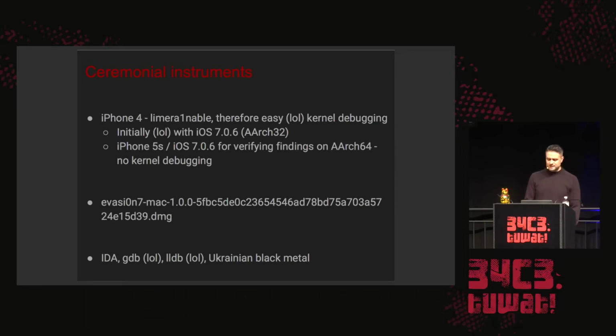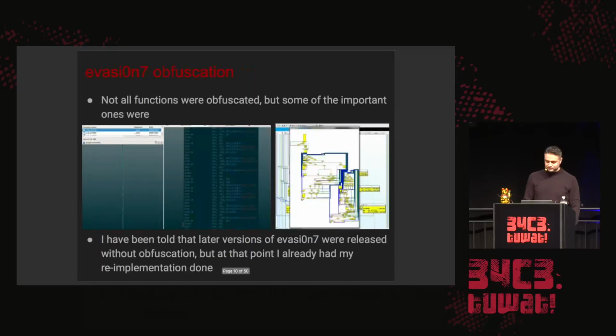So that's the exact version of iOS 7 I was analyzing. And of course, GDB, LLDB. Now, the lols in this slide don't actually refer to something funny. They actually mean something very painful, and that caused a lot of sleepless nights. But I'll get to that.